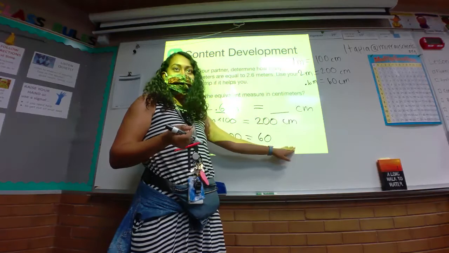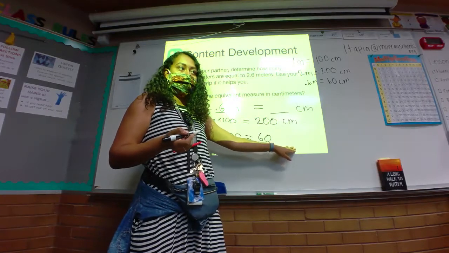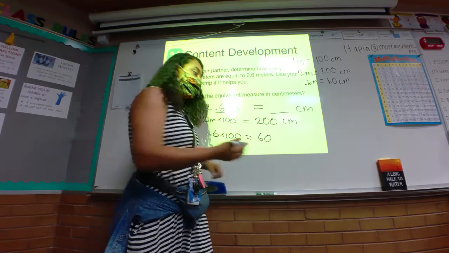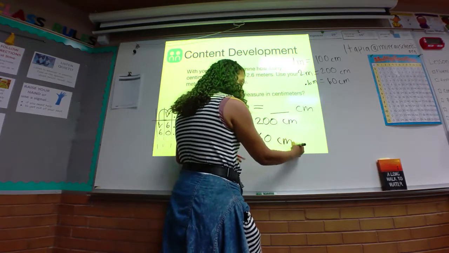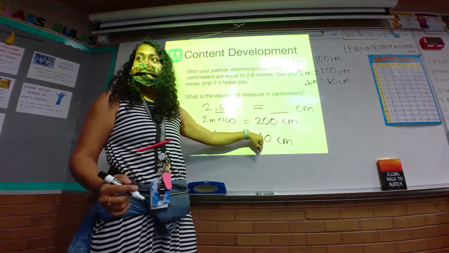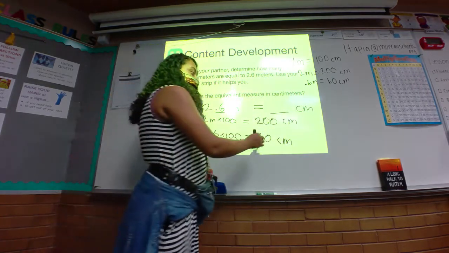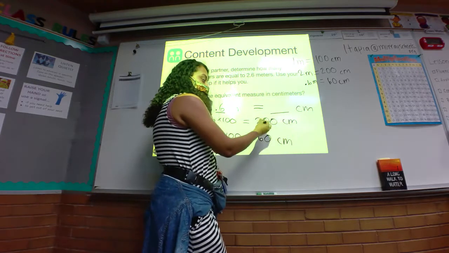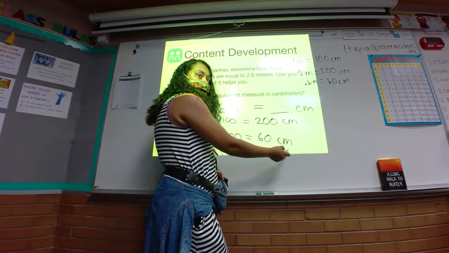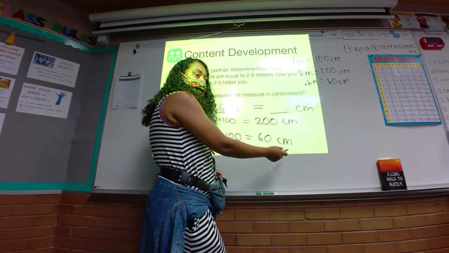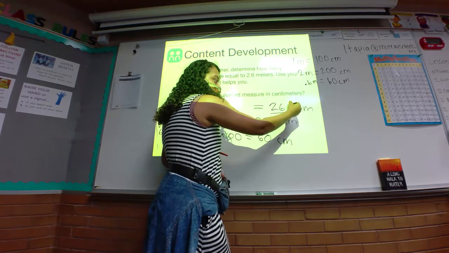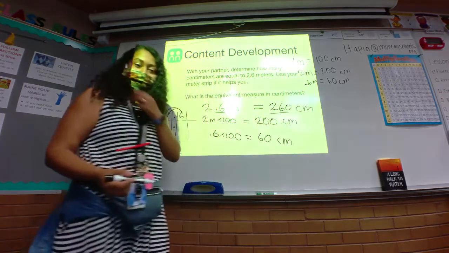What's the letters? Did we convert it to bananas? Centimeters. Thank you, Noah. Okay, so now we put it together. So total we have how many centimeters? 200 centimeters and 60 centimeters gives us total, Ledger? 260 centimeters. Thank you.